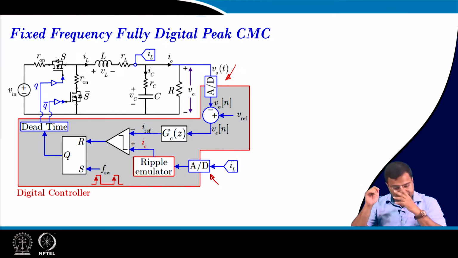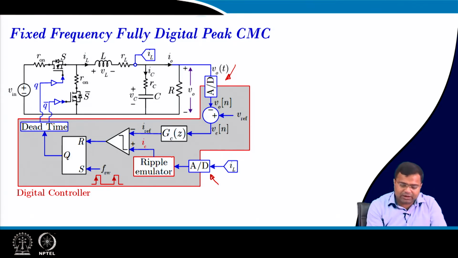One way is to use a very high sampling rate for the current loop, but that may not be preferable because it incurs more losses and needs a very high speed A to D converter. A more effective way is to sample once per switching cycle and emulate the ripple of the inductor current internally using the digital control platform.